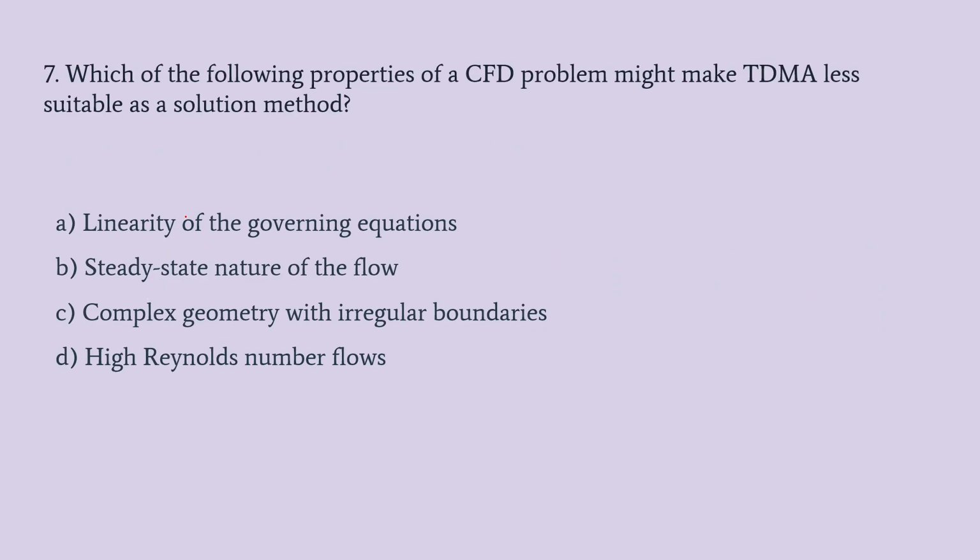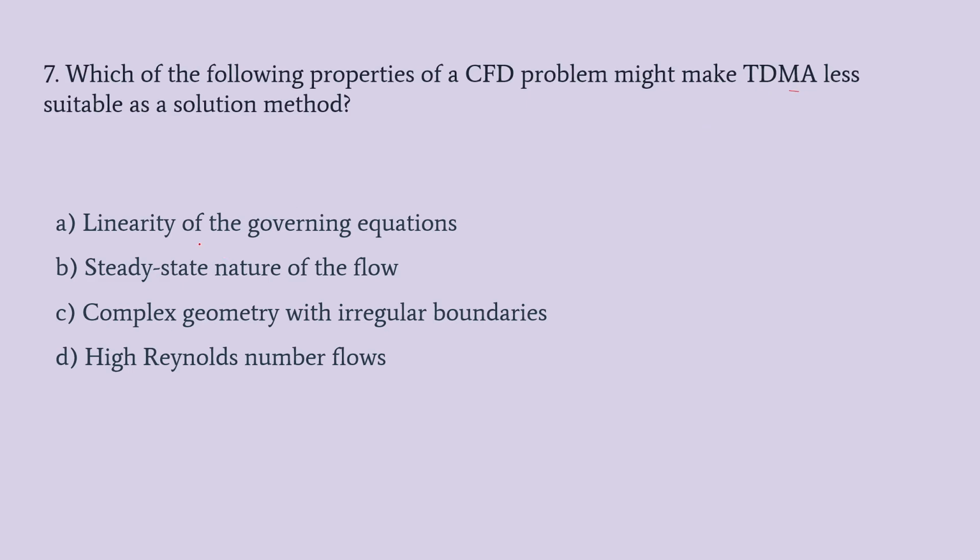Next question. Which of the following properties of a CFD problem might make TDMA less suitable as a solution method? So the question is about a potential drawback or limitation of the TDMA method.